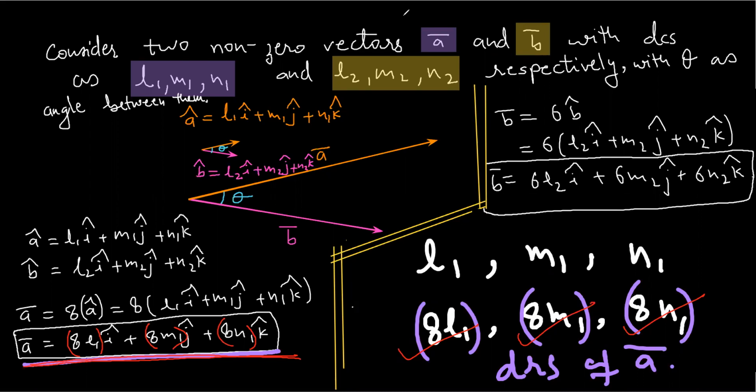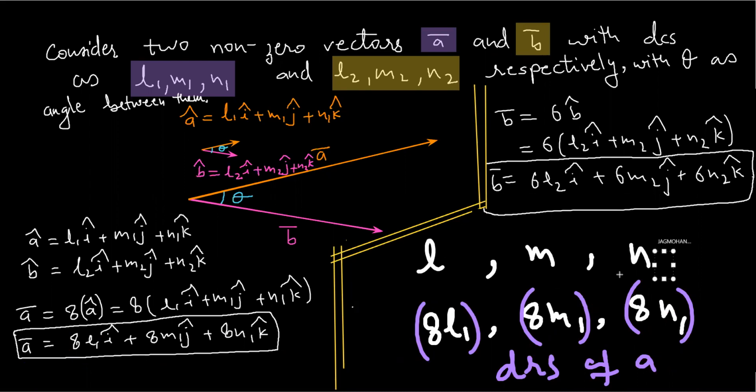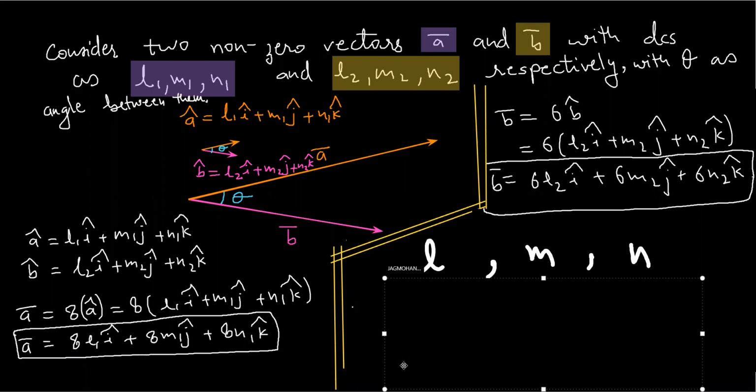Similarly, we can do this for B bar. If I ask you what are L2, M2, and N2, you will say they are the DCS of B bar. Now let me multiply some number to these three.